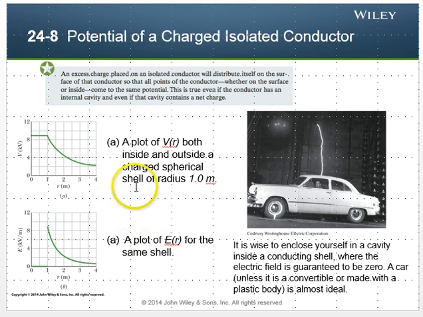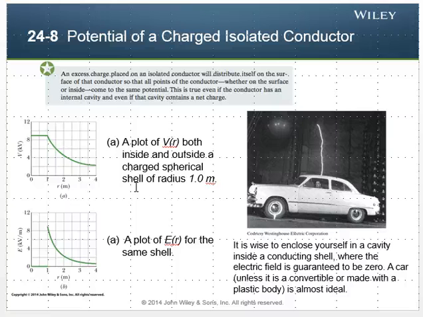So, for a conductor, electric field inside of a conductor is what? 0, right? Whenever we have a conductor, the electric field inside of it is 0. Why is the electric field inside a conductor 0? Because charges freely move.